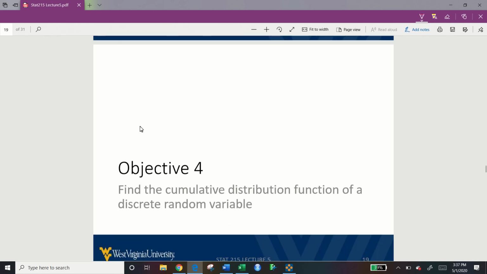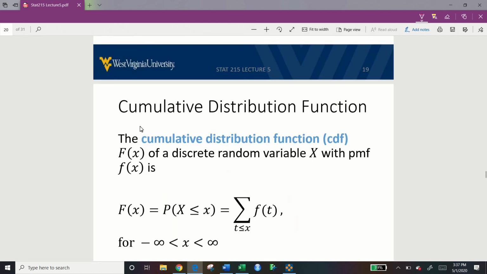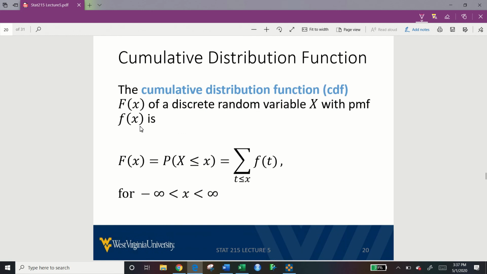We want to find the cumulative distribution function of a discrete random variable. You'll notice in this lecture we've been focusing on discrete random variables. That's because another lecture will focus on the continuous random variables. So let's start off by defining the cumulative distribution function.